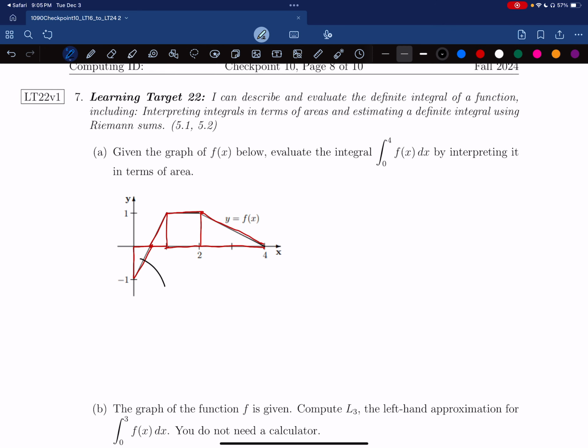So this one, it's a triangle, so 1/2 base times height. The base is 1/2, and the height is going to be 1. It's just equal to a fourth.